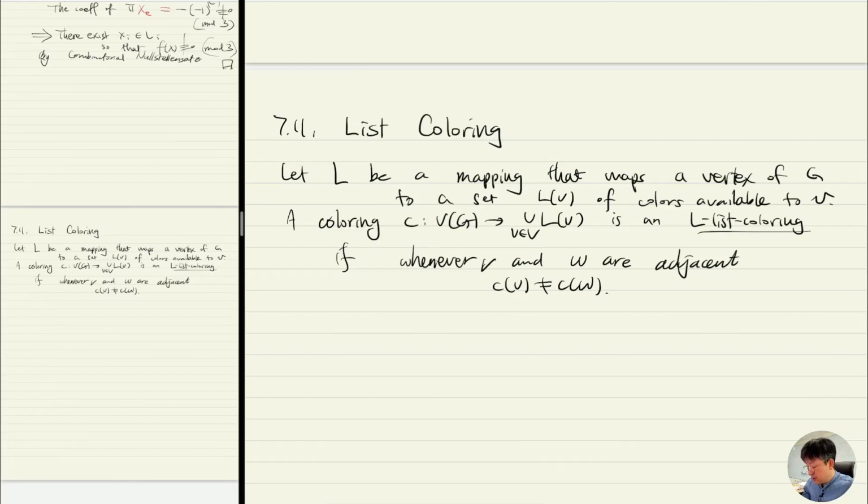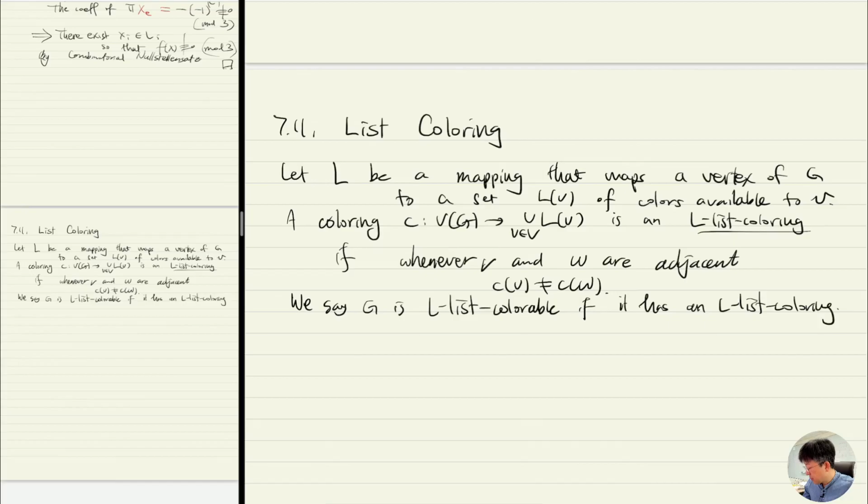So that's an L-list coloring, and we say G is L-list colorable if it has an L-list coloring, or sometimes called L-choosable.